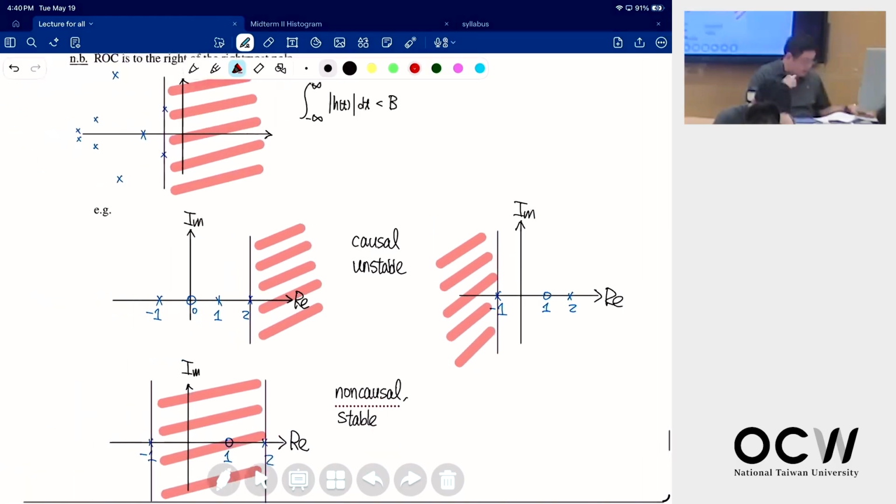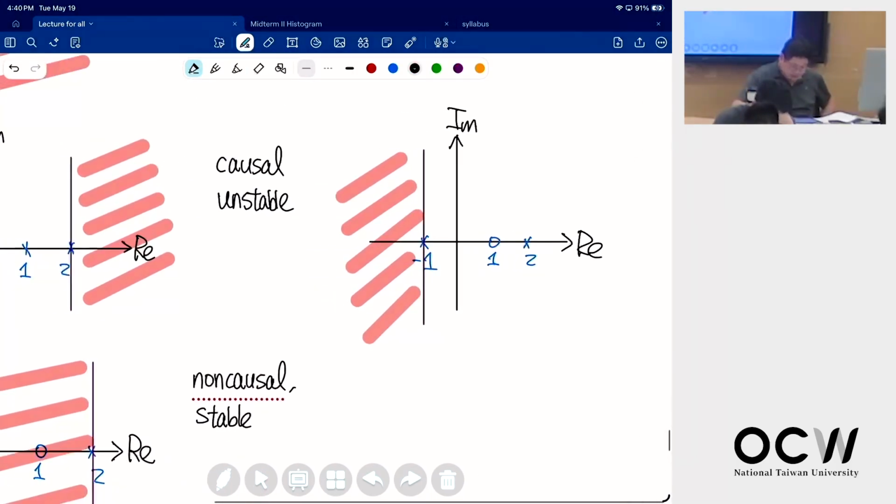And how about this one? This is unstable, right?